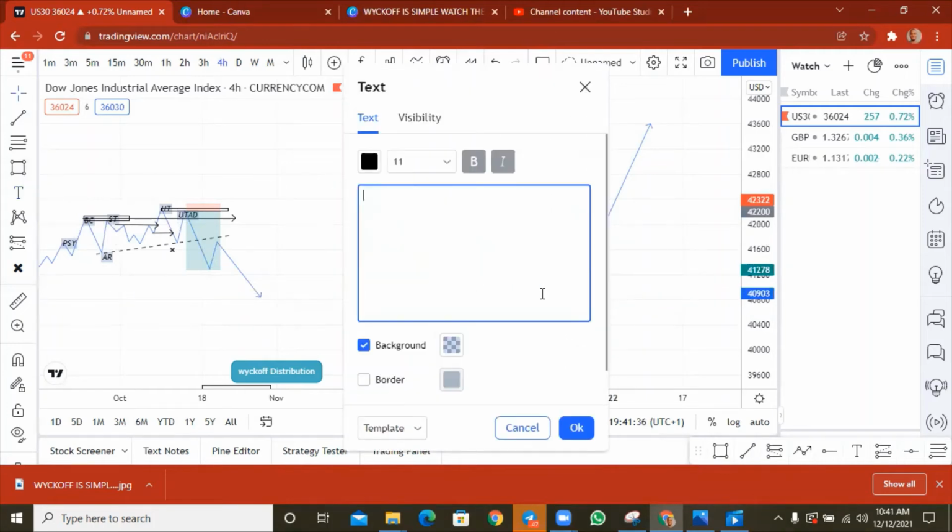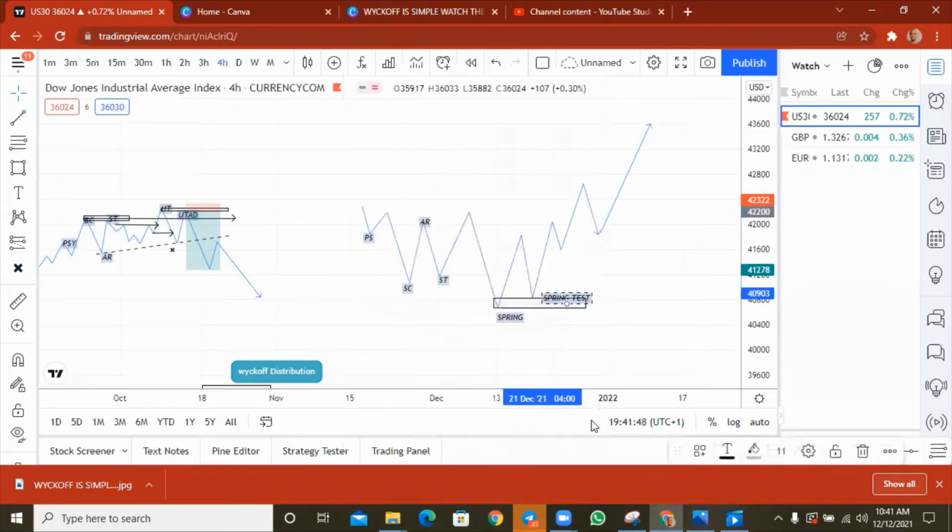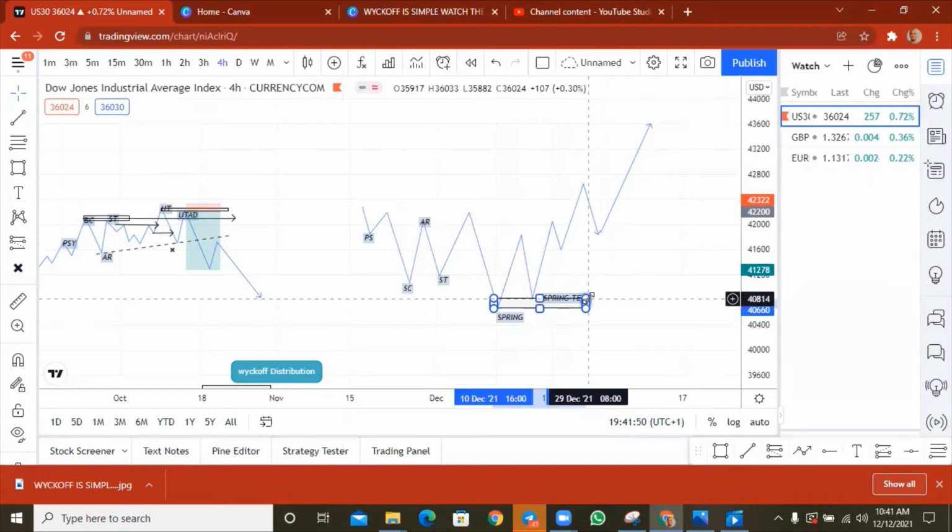In the distribution, you can get it as the upthrust distribution right here. So as you can see, it's just an inverse of the other one. And right here.